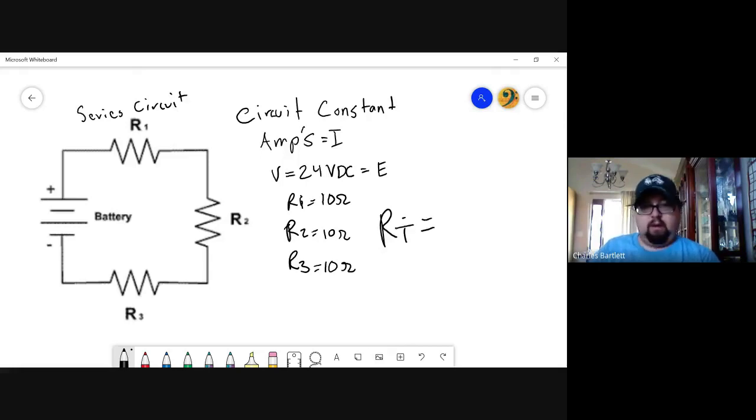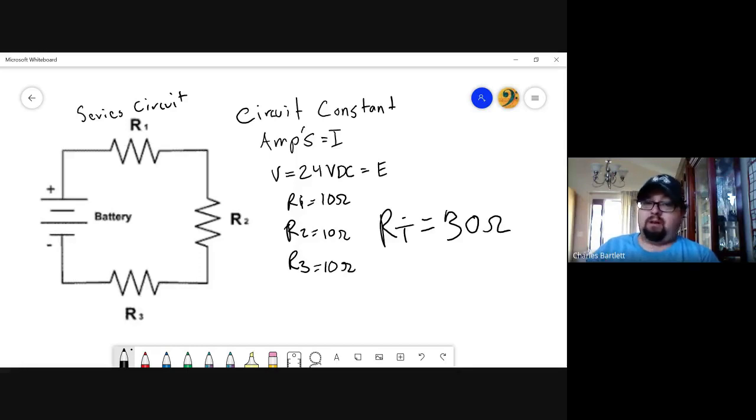Like I said, I made it easy because in a series circuit, resistance just adds up. You can take that to the bank. You can check that in the book, but I'm going to do that in my head and say that RT, or resistance total, is 30 ohms.